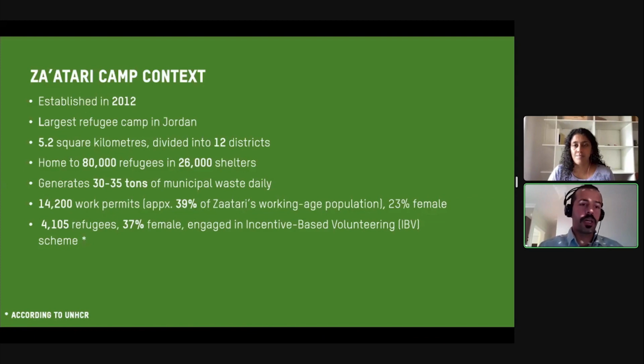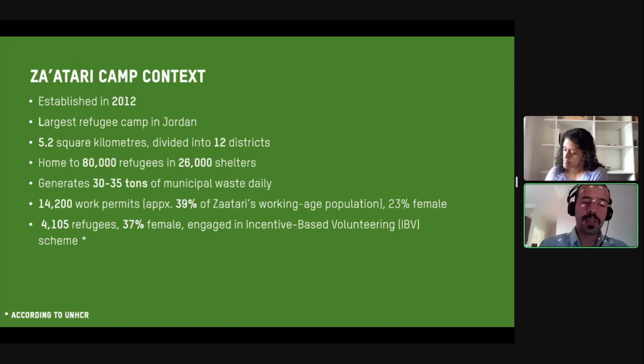Okay, so Za'atari camp was established in 2012 with a total area of 5.2 square kilometers. It's home to 80,000 refugees and around 26,000 shelters. The generation rate is 30 to 35 tons of municipal waste daily, and all this waste is collected daily also.